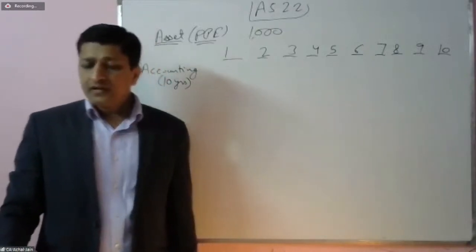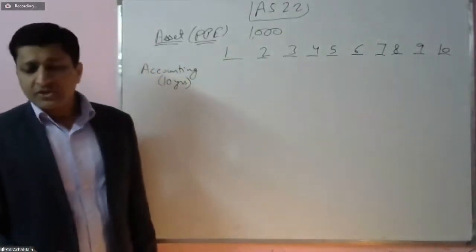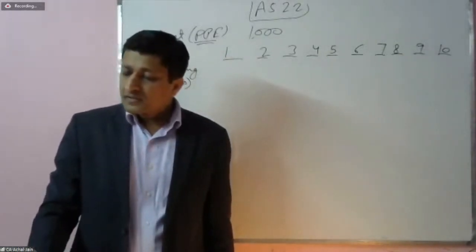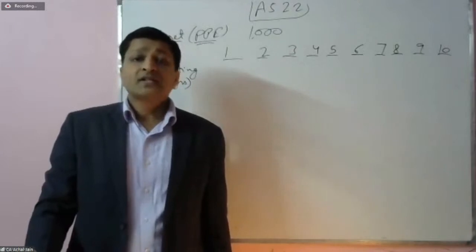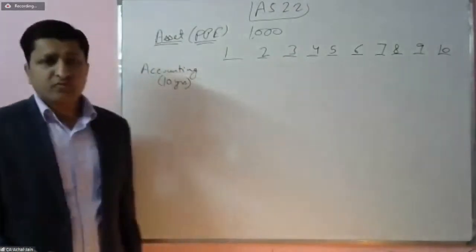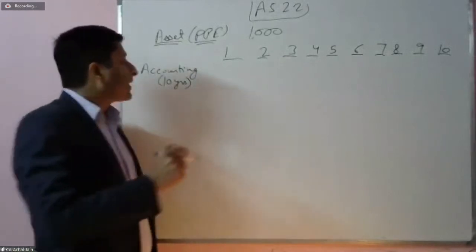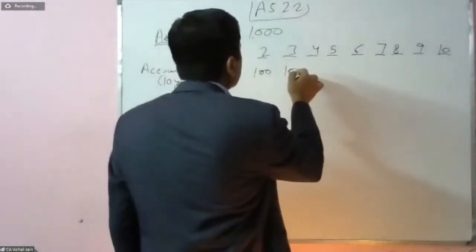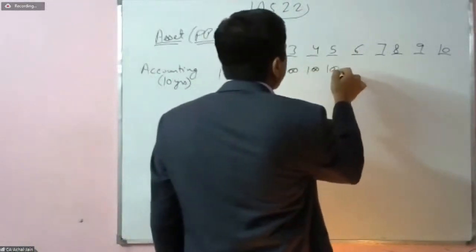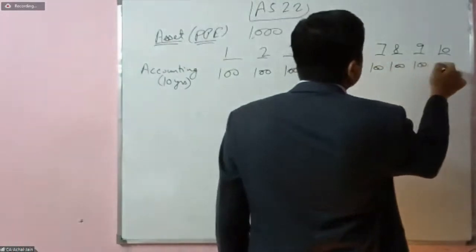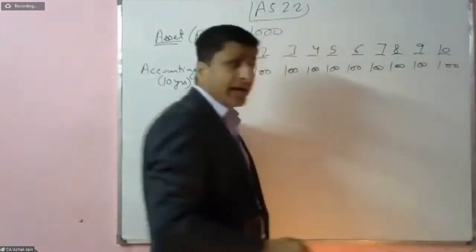Amar, please wait, have patience. Let us discuss whatever we are doing. Automatically will come to all of those points. Every year there will be a depreciation charge of 100. Correct?